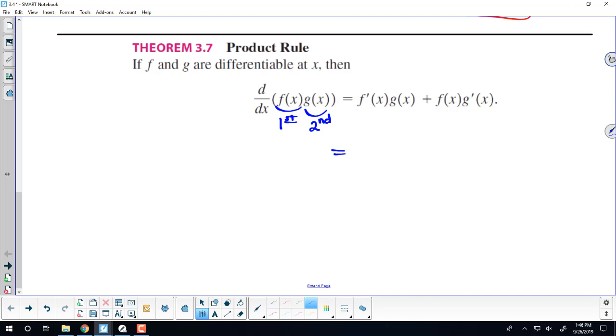So we say the derivative of the product is the first times the derivative, I'll just use capital D for derivative, first times the derivative of the second plus the second function times the derivative of the first. So since it's addition, it doesn't matter how you order those two terms. We could say f prime g plus f g prime, or you could say g prime f plus f prime g.